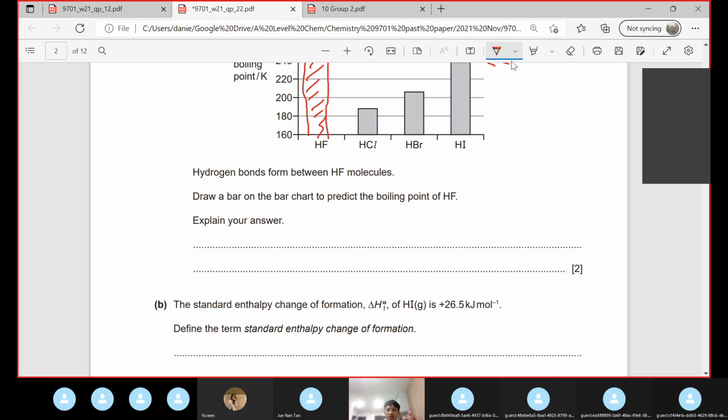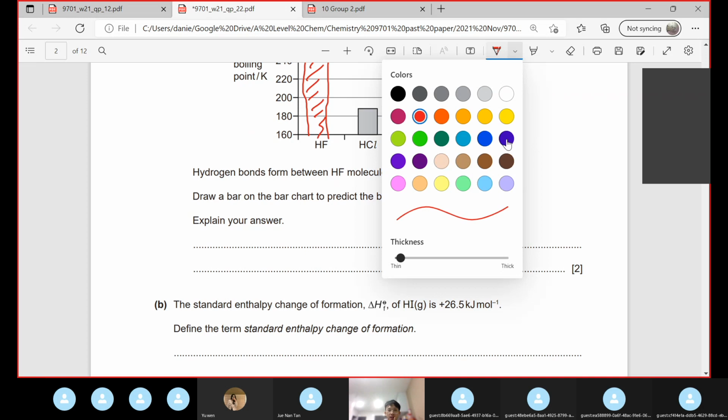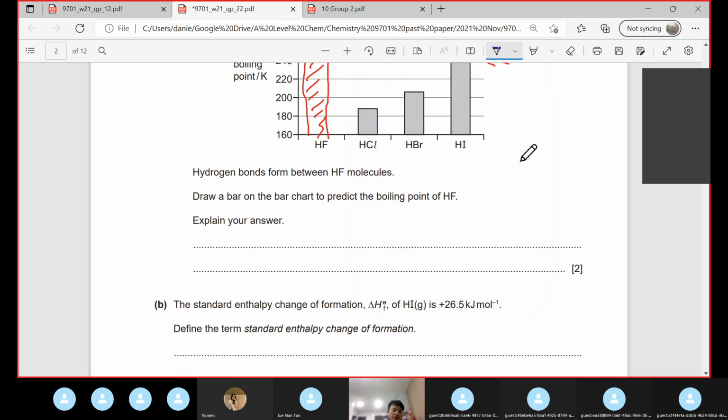Let me show you an example. If you just simply write down, HF molecules can form hydrogen bonds, then no marks. Why?